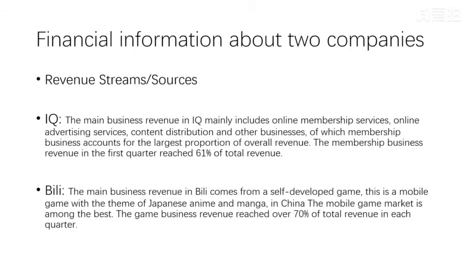The next one is revenue streams or sources. A revenue stream is a source of revenue of a company or organization. For iQIYI, the main business revenue mainly includes online membership services, online advertising services, content distribution, and other business, of which membership business accounts for the largest proportion of overall revenue.